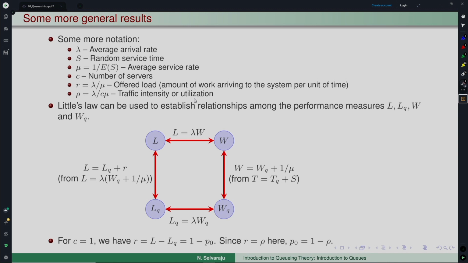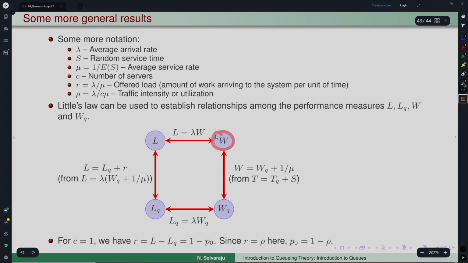Now, with this notation, Little's law can be used to establish relationships among the performance measures. These are the 4 major performance measures for a typical simple system: L, LQ, W, WQ. You can relate these 4 quantities in this manner.